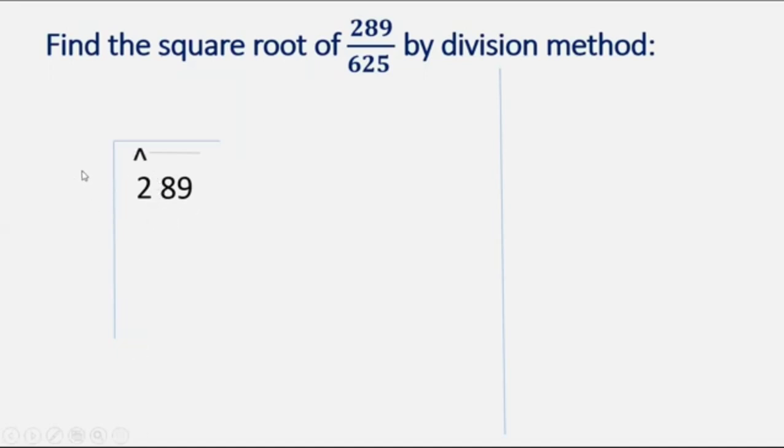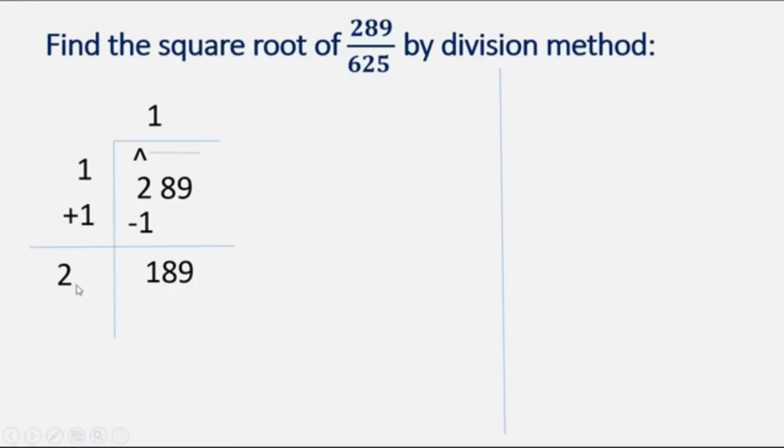Now which number is going to be multiplied by itself to get either 2 or less than 2? Yes, we know that it's the number 1. 1 into 1 is 1. Okay, and 1 is going to be added on the left hand side, so we get 1 plus 1, 2, and 2 minus 1 is 1.